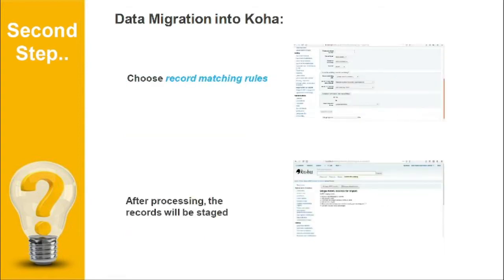If we already have any records in our database, then for comparison and to avoid duplicacy of the records, we need record matching rules. After processing, the records will be staged.